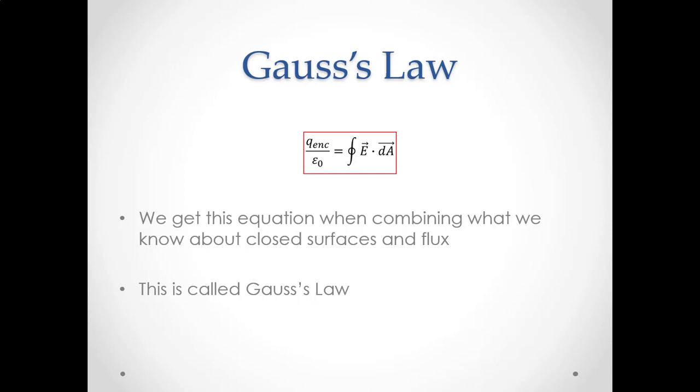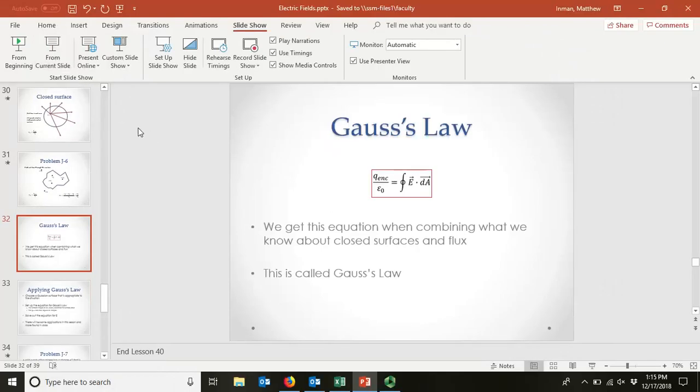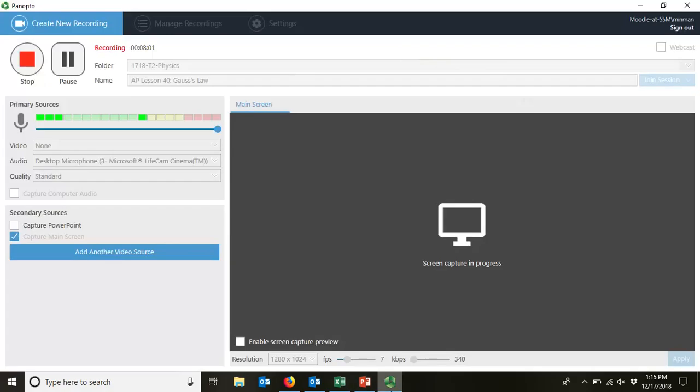The reality is you can choose your surface so that the right-hand side, that integral almost never needs to be integrated. Unfortunately, on the left-hand side, where it says Q enclosed, there are some situations where you need to define Q enclosed in terms of an integral. And we'll look at that in the next lesson, looking at some applications of how we apply this law to calculate electric field.